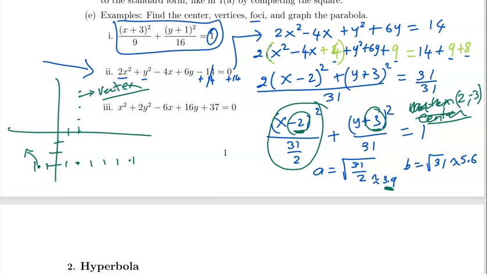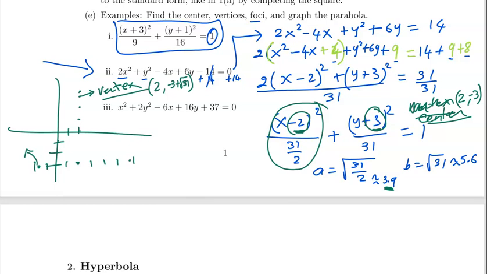So what is the vertex? I'm going to go 2 comma, and then you go -3, but you need to add how much? Square root of 31.